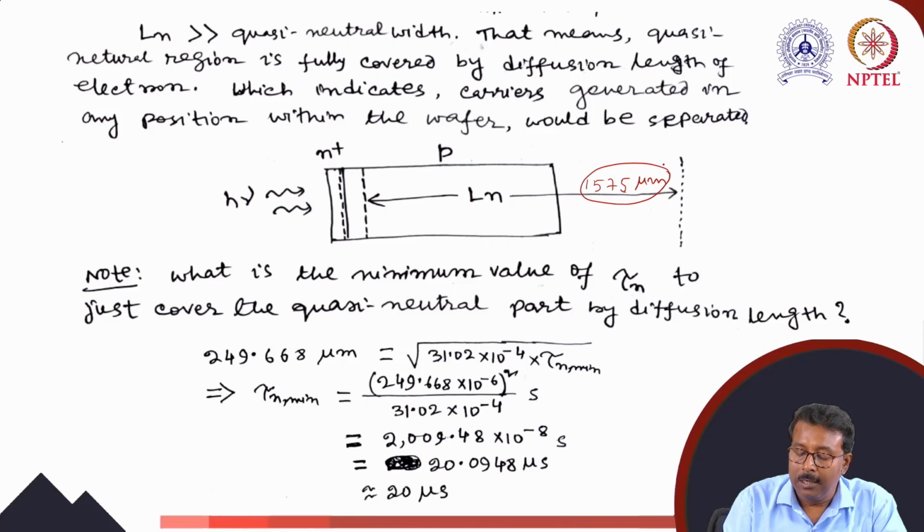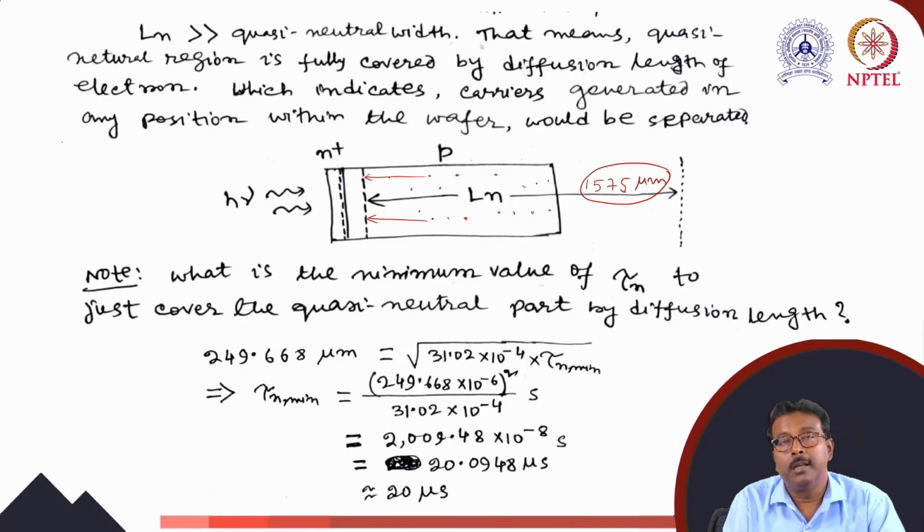So the depletion boundary will be far away, that is outside the device. That means all the carriers generated within the quasi-neutral part, all excess electrons from the N side, will move to the boundary of the depletion layer by the diffusion process.